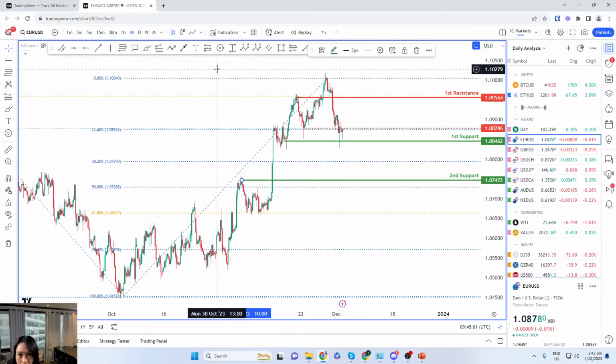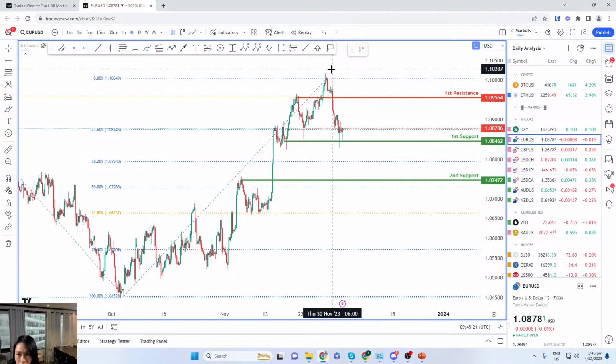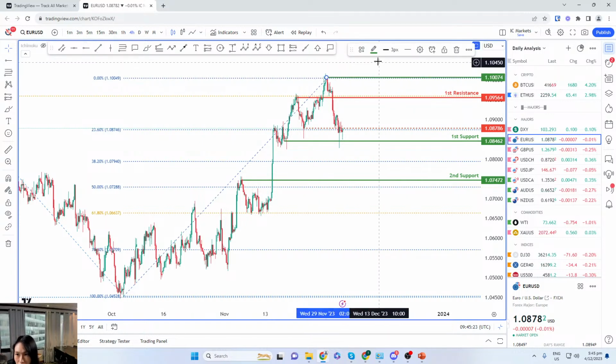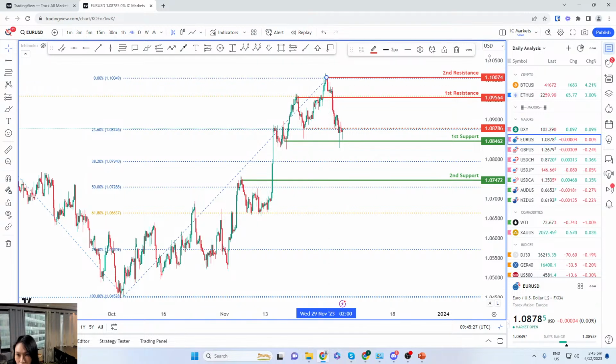So this area could be your resistance, it could be your second support area. And this can be the second resistance level, which is the swing high.